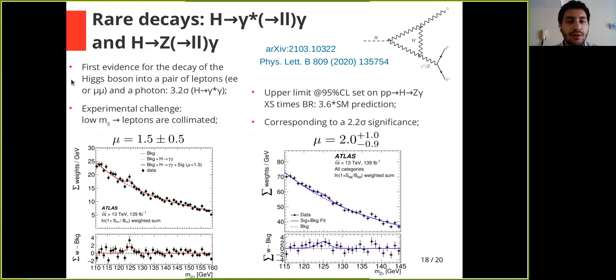ATLAS published the first evidence of the decay of the Higgs boson into a photon and a pair of leptons of the same flavor in the gamma star gamma channel, while instead we don't have yet evidence for the other, Z gamma channel, but we managed to set an upper limit on this process corresponding to 2.2 sigma level.